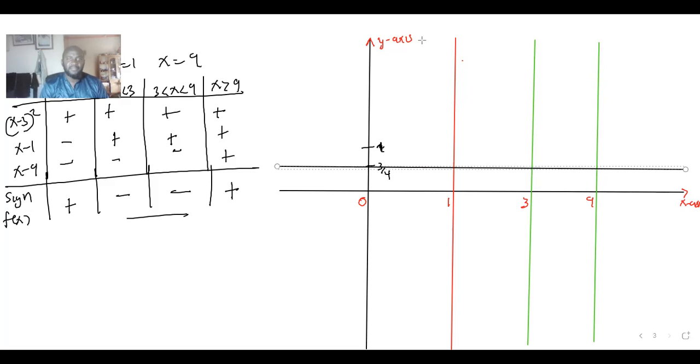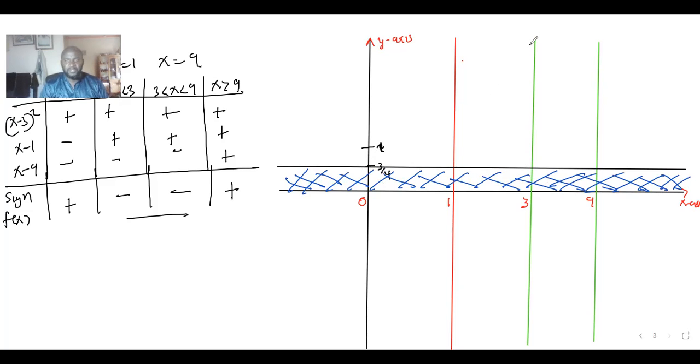I can shade this vigorously. This shows the curve can never cross this boundary, so that you clearly see that when the curve reaches there, it has to turn.